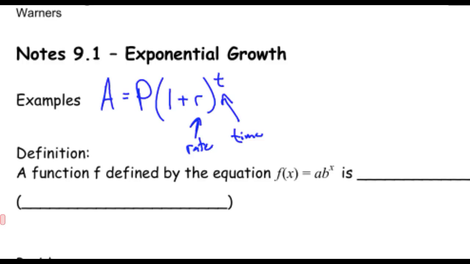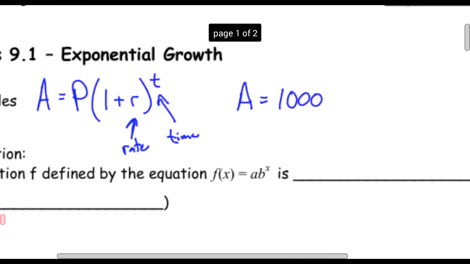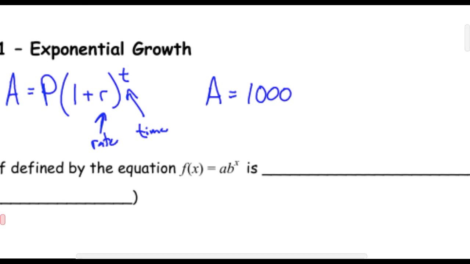So we could figure out how much we would have if we started with $1,000, the principal amount, and say we were to earn the stock market average of 10%, 0.10, and we were to leave it alone for 5 years.